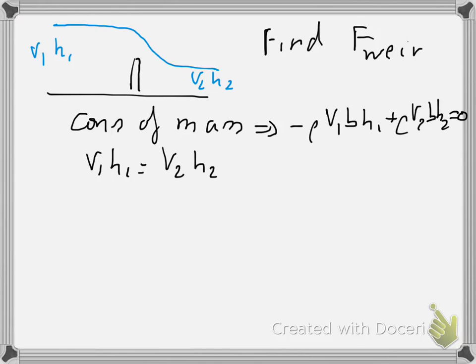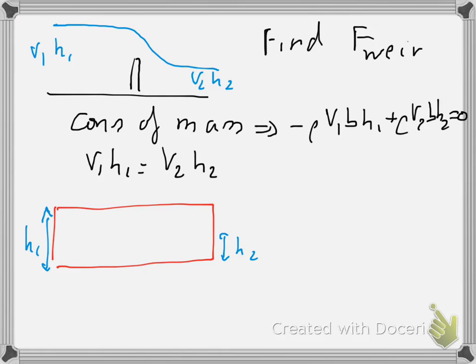Now, to get the force of the water on the weir, we consider the following control volume, which shouldn't surprise you. It's basically the entire domain, with H1 the height of water here, H2 the height of water there.